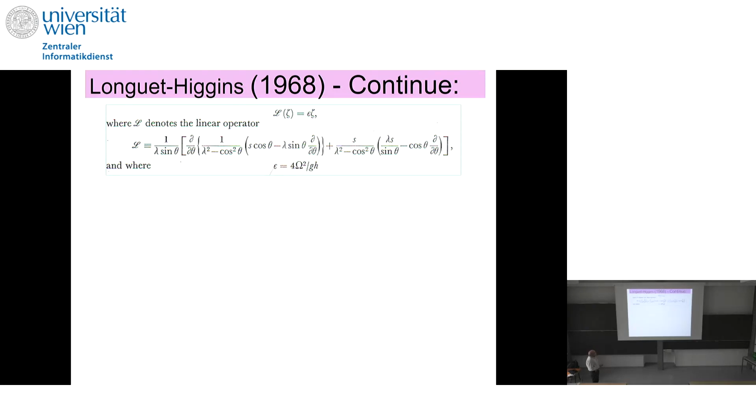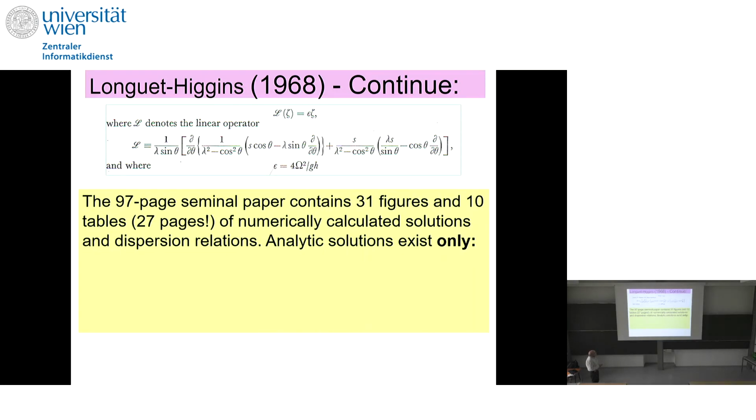Okay, so a few more words about this equation, or about Longuet-Higgins's work. It's an encyclopedia. It has 31 figures, each figure with maybe between 10 and 20 graphs, and it has 10 tables, page-long tables, with numerically calculated solutions.